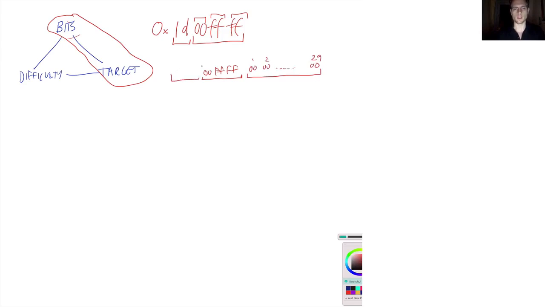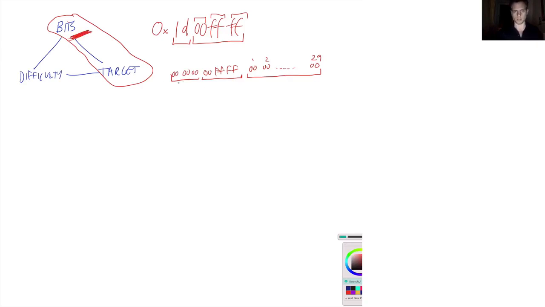Because we have 29 out of 32, we have 3 bytes of zeros. This goes for any bits value in any block that you want to read. That's how you interpret bits and convert it into the actual hash target.